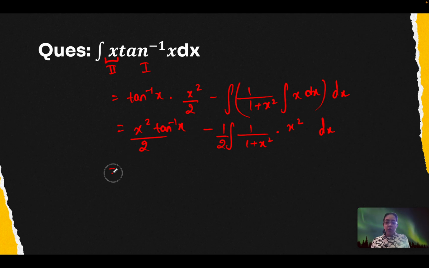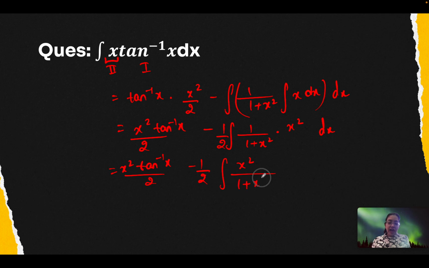Now let's see how we are going to simplify this. So x square tan inverse x upon 2 minus 1 by 2 integration sign x square. If I want, can I just add and subtract 1 over there? Just plus 1 minus 1. If I'm writing minus 1 separately, it has to be with the same denominator. So just see, this and this got cancelled out, we got 1.